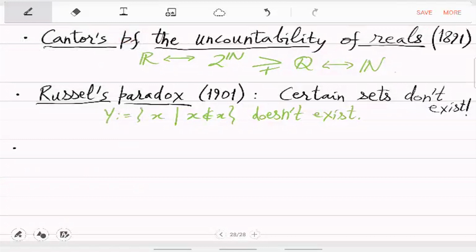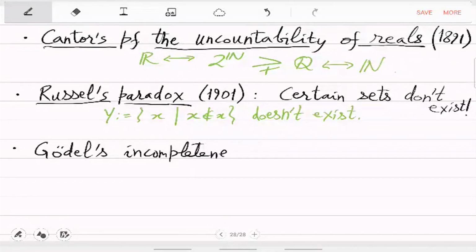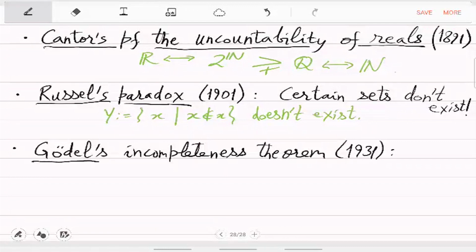Third is probably the most famous one, Gödel's incompleteness theorem, which came much later, around the same time as Turing actually. The incompleteness theorem says that there are statements in math which you cannot prove or disprove. It's just impossible. So there exist unprovable statements.